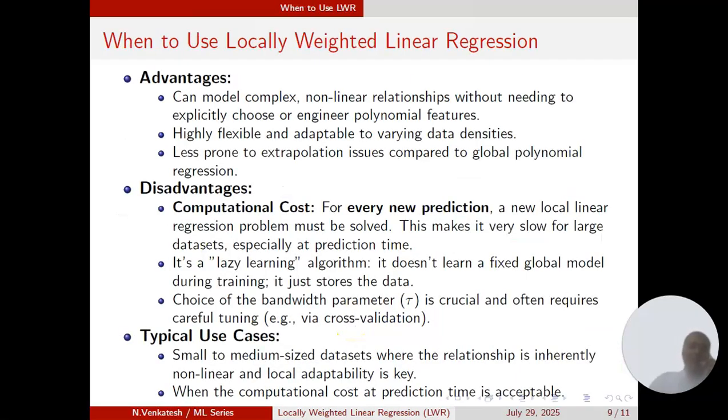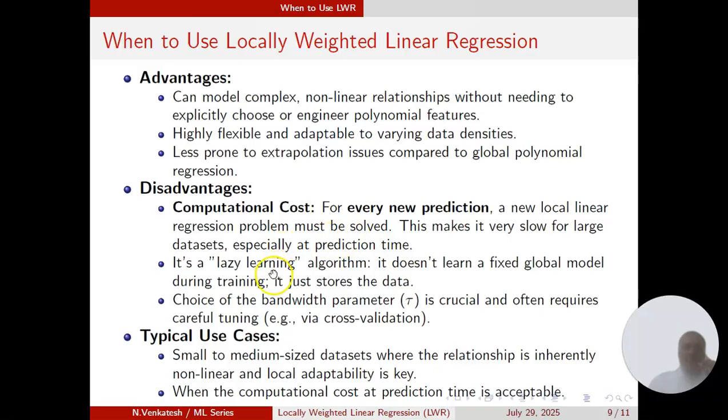So when do we use locally weighted linear regression? Suppose we have a complex nonlinear relationship, then we will use this. But one of the disadvantages of this method is the computational cost. For every new prediction, we have to build a linear relationship, a separate line. This is also called a lazy learning or instance-based learning algorithm.